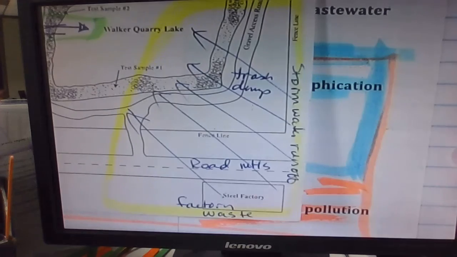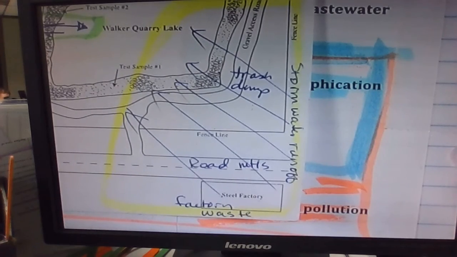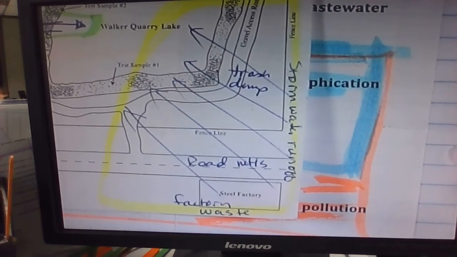So these both go with point source pollution, non-point source pollution. And so we're going to take the map on.